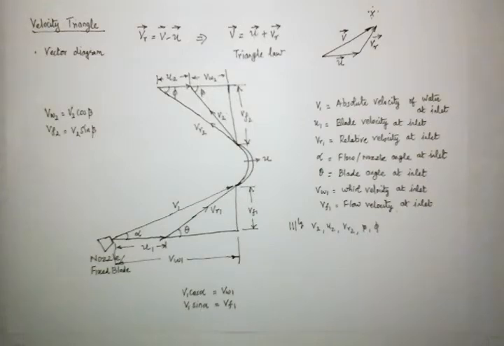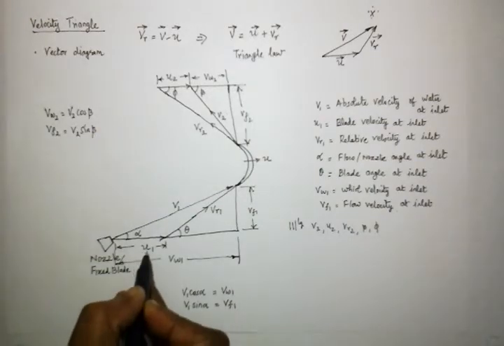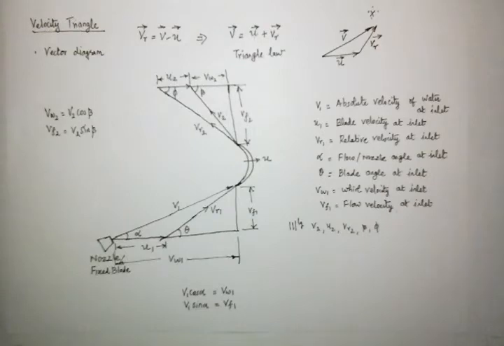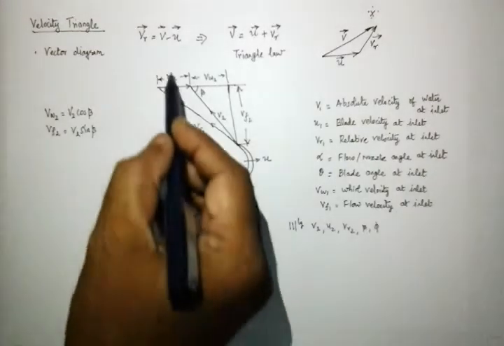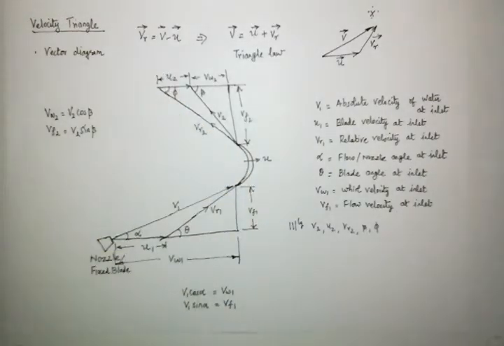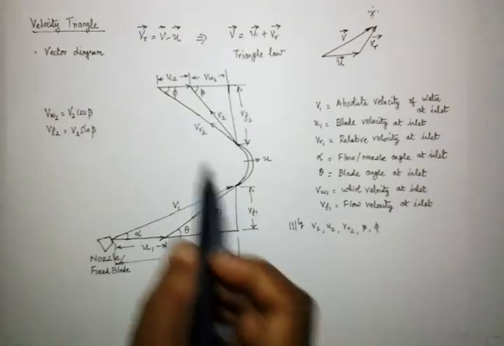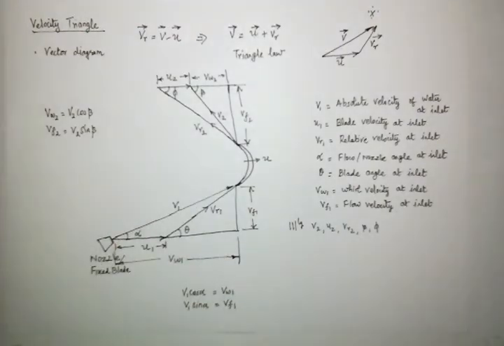Here the blade velocity at inlet is U1 and at outlet is U2, and I will explain more about this when we discuss the individual turbines, namely Pelton, Francis and Kaplan. Depending upon the classification of the turbine, there will be a slight change in the values of U1 and U2. All the other things are going to be the same.